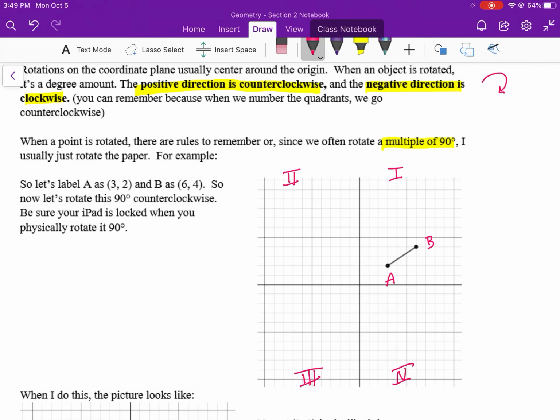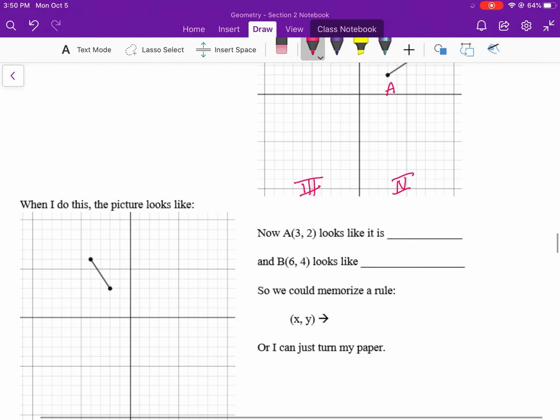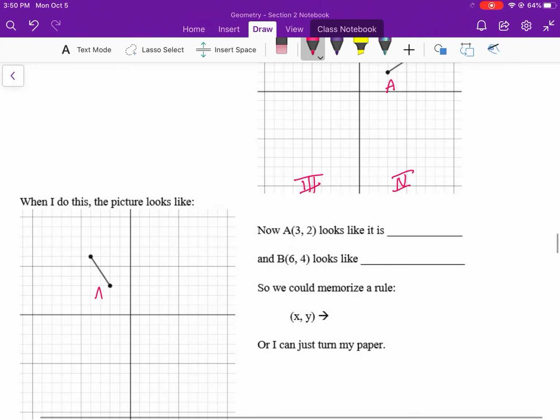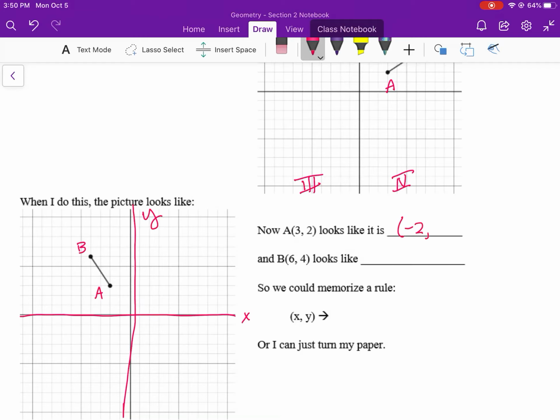Okay? So here are my 2 points, A and B. Now I'm going to rotate them 90 degrees. So you all take your iPad and rotate it 90 degrees. Make sure everything is locked so it doesn't change. If I rotate it 90 degrees, I end up with this picture. Now, this was A. This is B. If I pretend now that this is the x-axis and this is the y-axis, notice the point A looks like -2, 3.